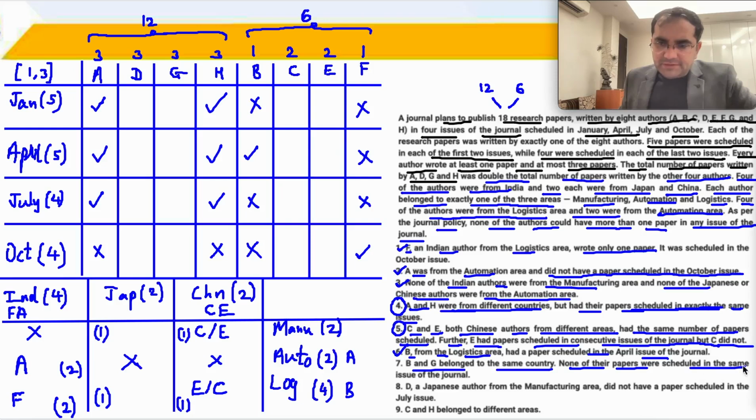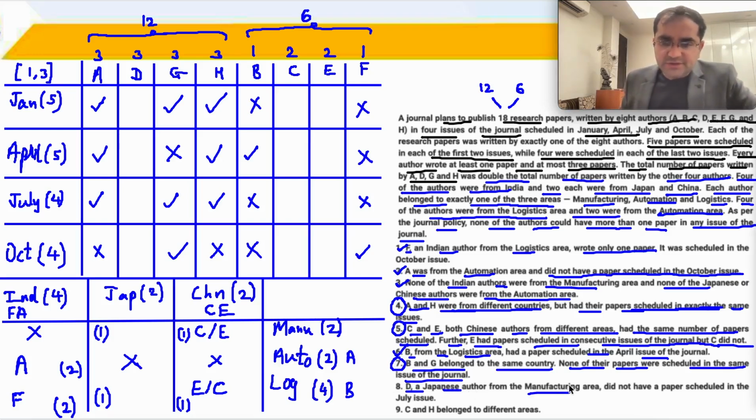None of their papers were scheduled in the same issue, so G cannot come here, but can fit in the rest because G has 3 papers. But B and G belong to the same country. We don't know, so we'll have to circle this again. Same country, which country? It could be Japan. Fine, we'll find out soon.